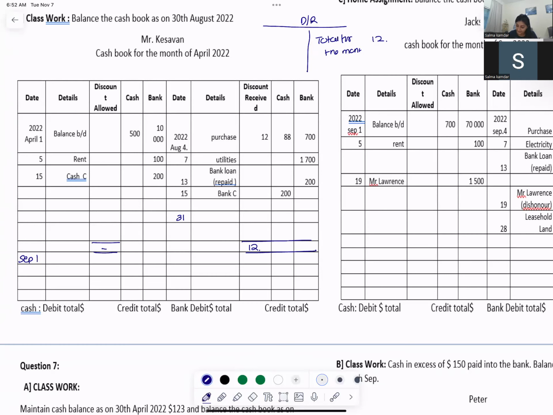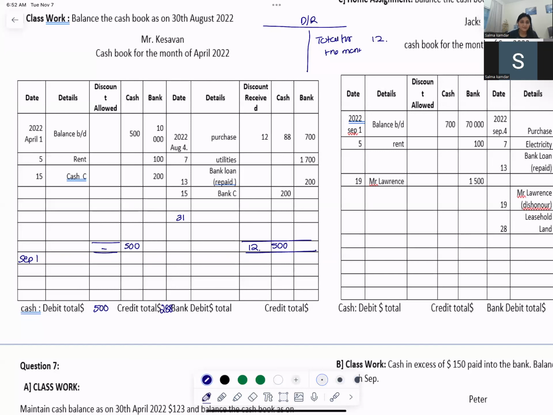Now the debit total of cash is 500. The credit total of cash is 288. So what I will do is I will write 500 on both the sides.